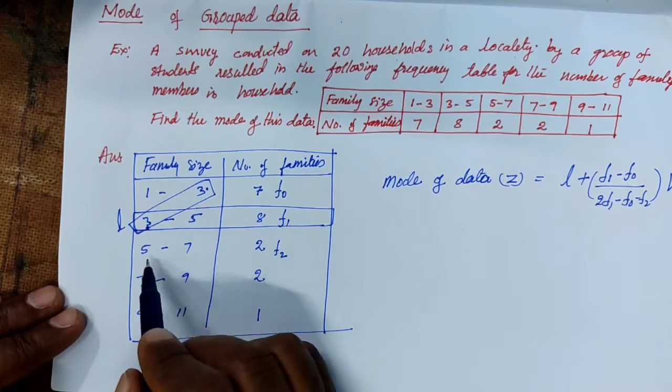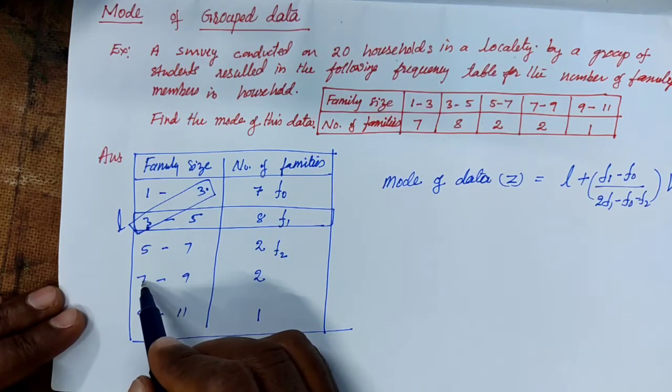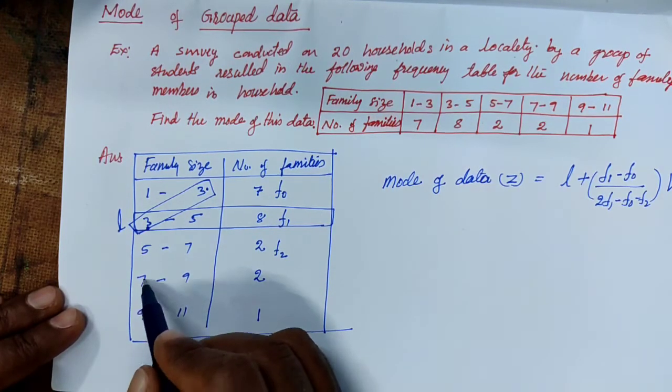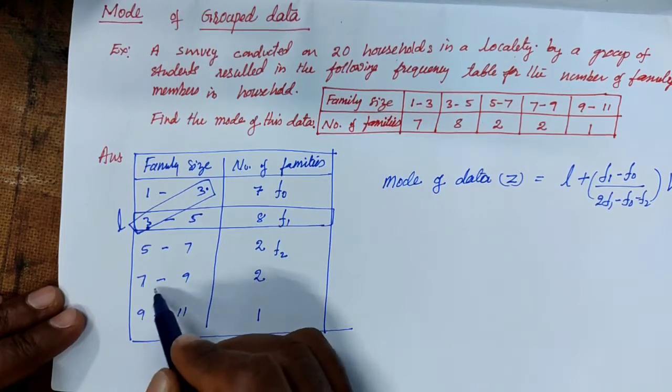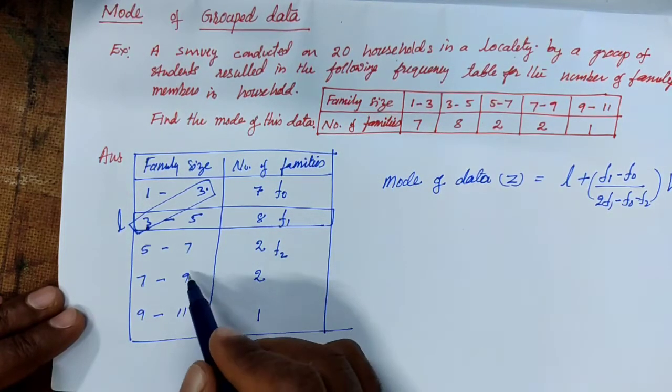So the length of the class is the difference between 5 and 7, or 9 and 7, or any two lower boundaries or any two upper boundaries.